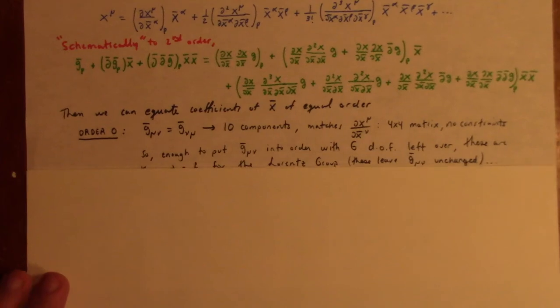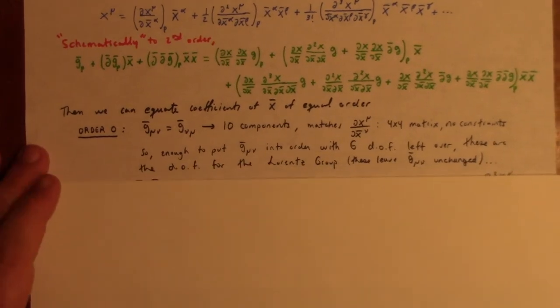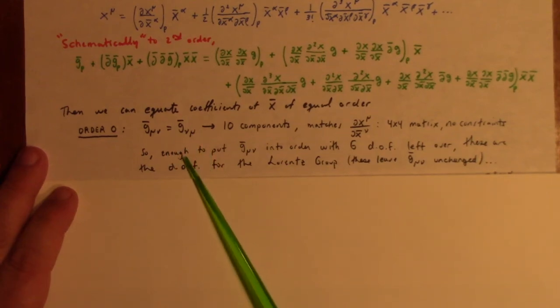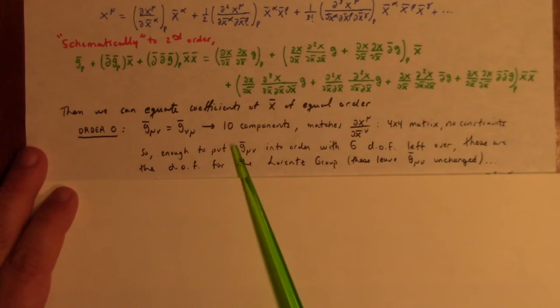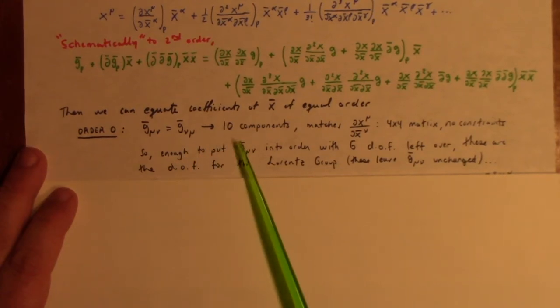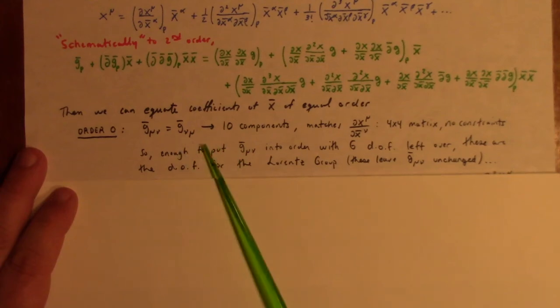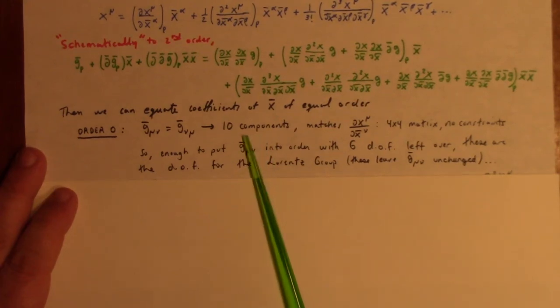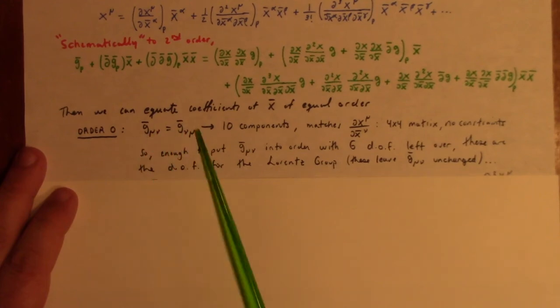So order zero, we need it to be symmetric. So 10 components fixes us. You need 10 separate equations to fix 10 separate pieces of data to fix a symmetric two-index tensor.